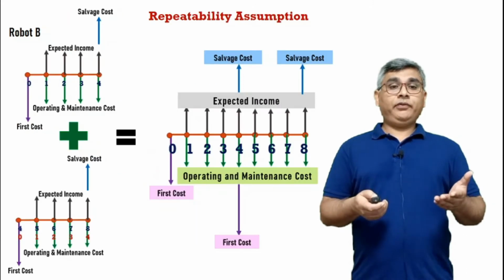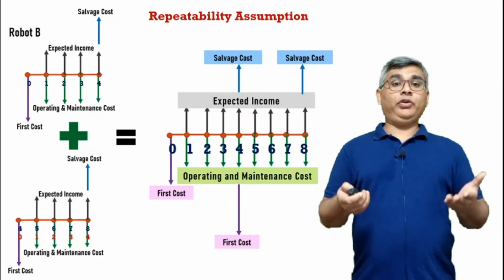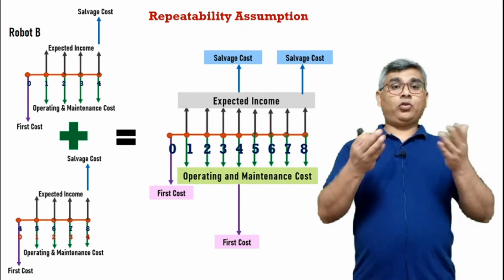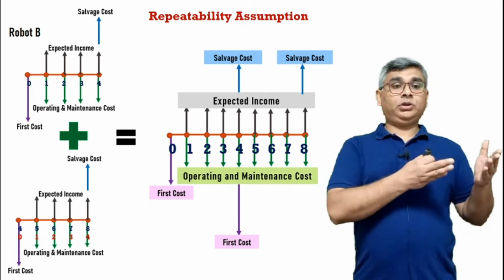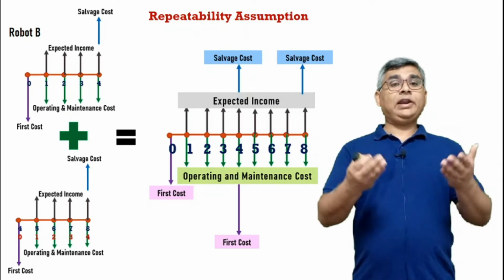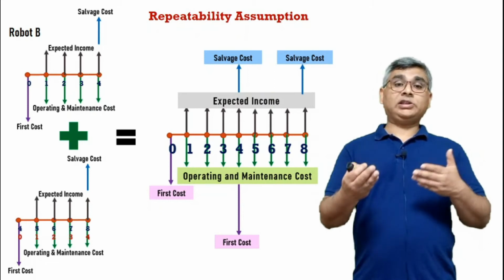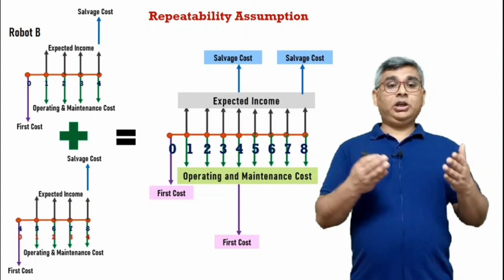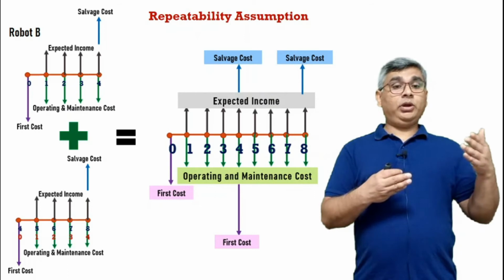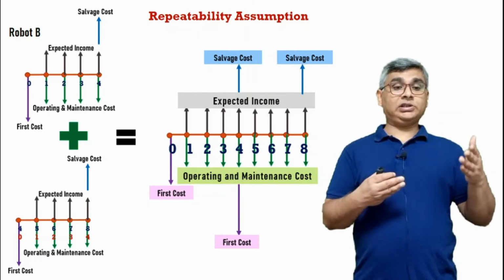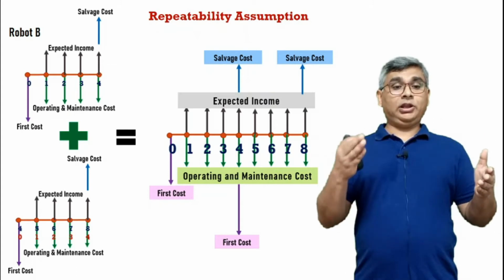Let us see with the help of a cash flow what we mean by the repeatability assumption. So this is the cash flow for Robo A for the first 4 years. If I purchase this robo 2 times, the same cash flow will be repeated. Since the first one starts from 0, the second cash flow will start from 4, then 5, 6 and 7.